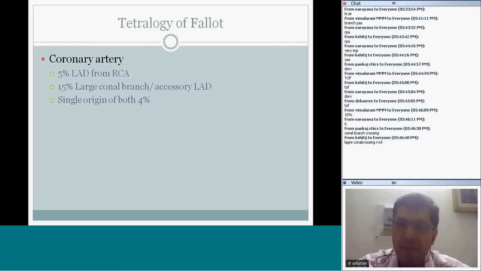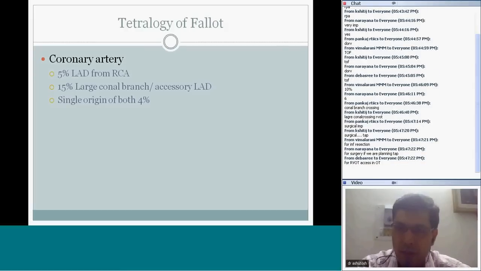Now, why do we want to look at these coronary artery abnormalities? Okay, that's perfect.